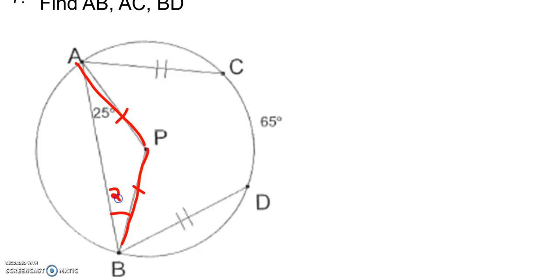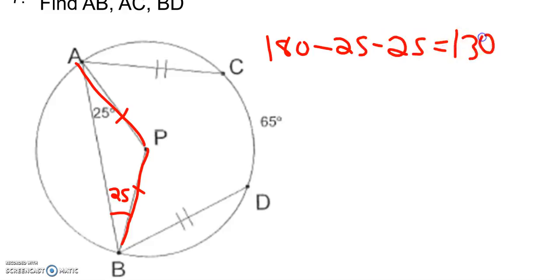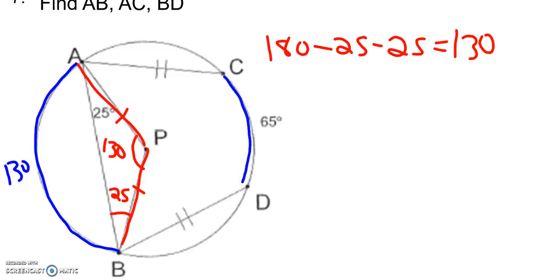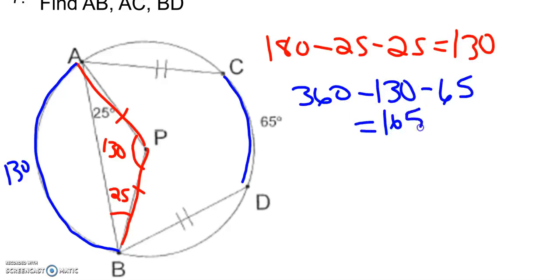So we know that this angle is 25 degrees, and since they have to add up to 180, if we do 180 minus 25 minus 25, that is going to give us 130, okay, for this angle.